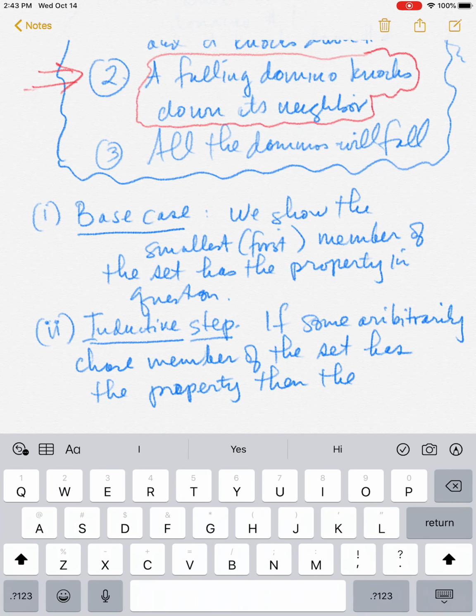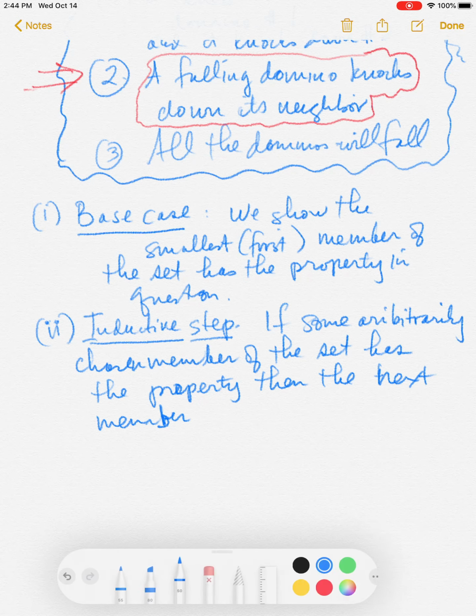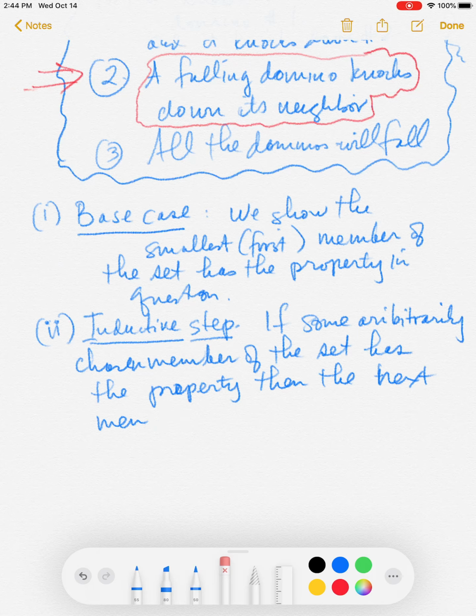So if some arbitrarily chosen member of the set has the property, then the next guy in line, the next member of the set, sorry, my handwriting is getting worse rather than better. Then the next member of the set has the property.